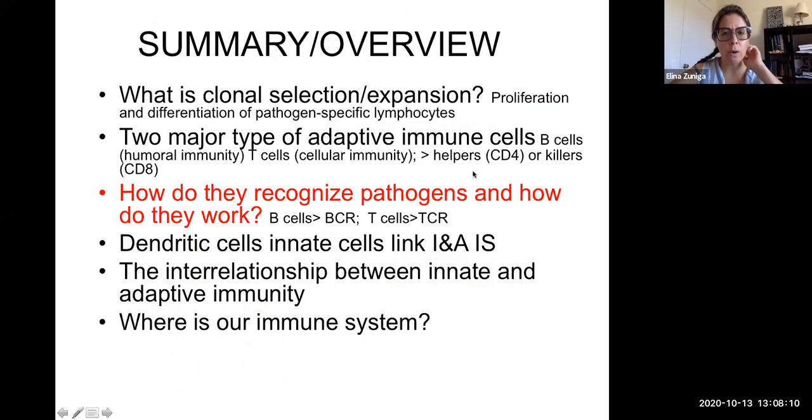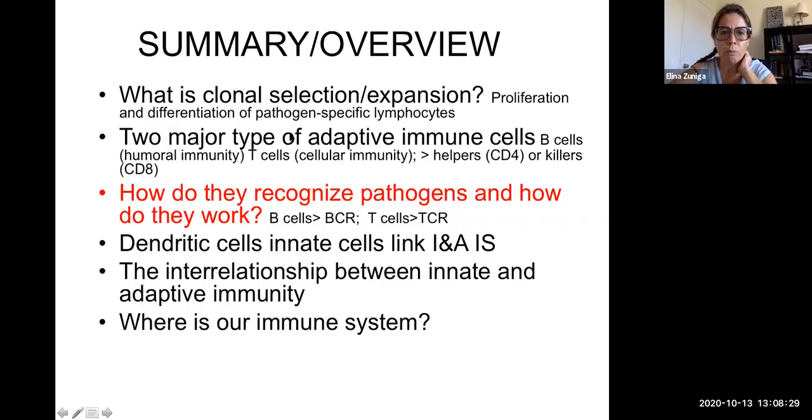Okay, so what we covered so far is clonal selection and expansion, which is the proliferation and differentiation of pathogen-specific B cells and T cells, also called lymphocytes.